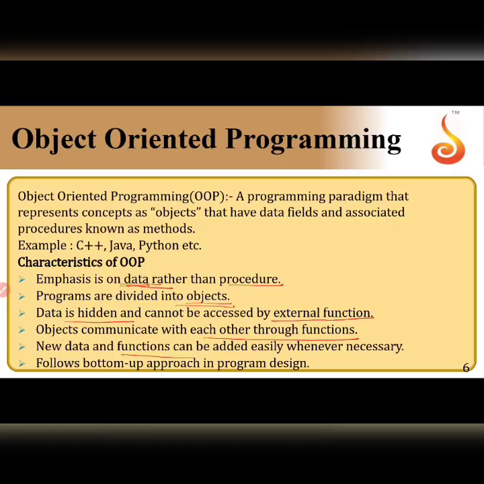So it is very easy to change, modify, or create a new version of the existing application whenever you want, and it follows the bottom-up approach. Structured programming followed the top-down approach, whereas object-oriented programming follows the bottom-up approach.